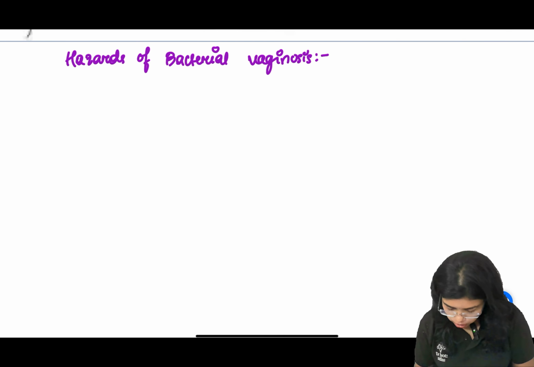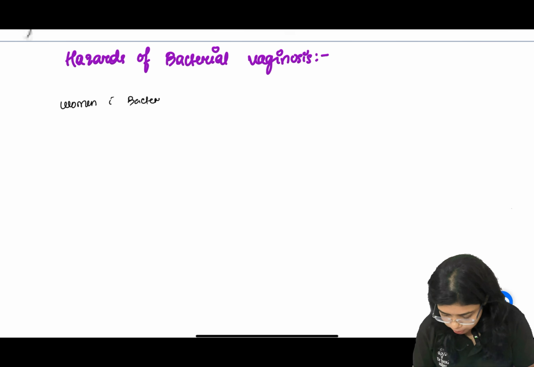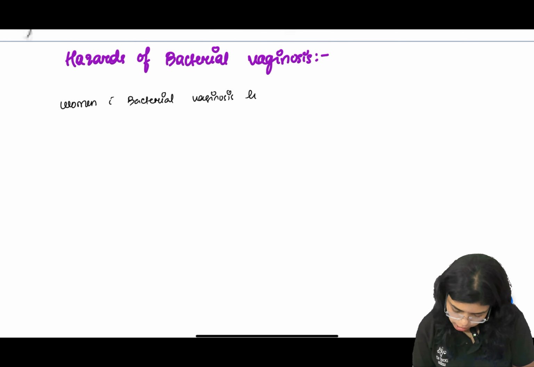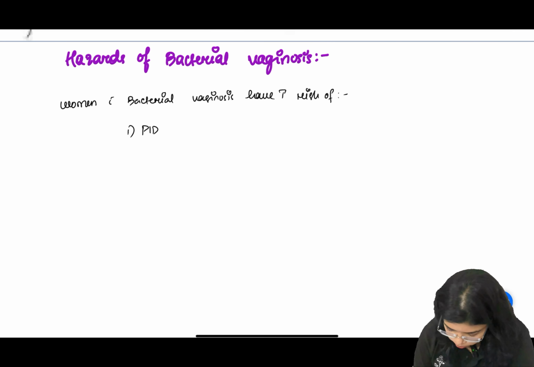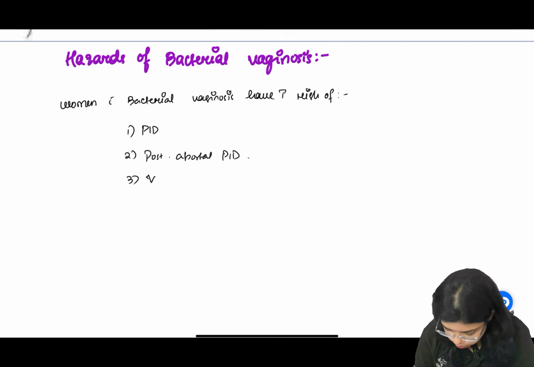Women with bacterial vaginosis have an increased risk of PID and post-abortal PID, then vault infection.